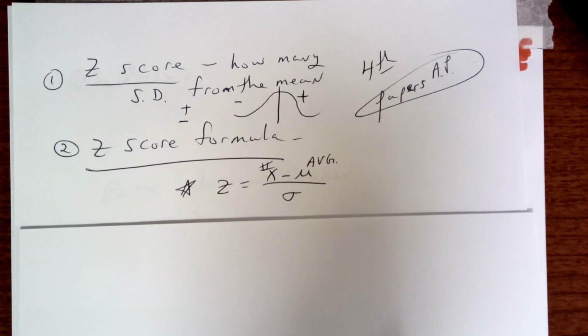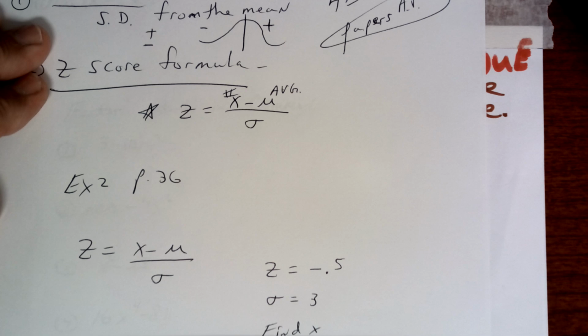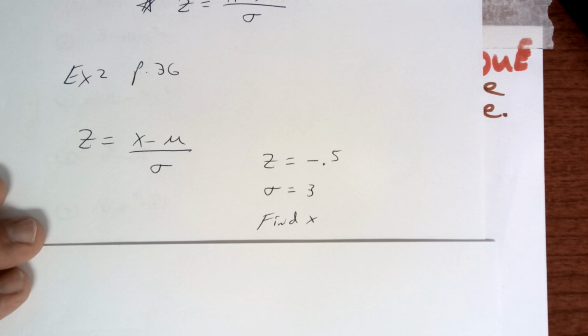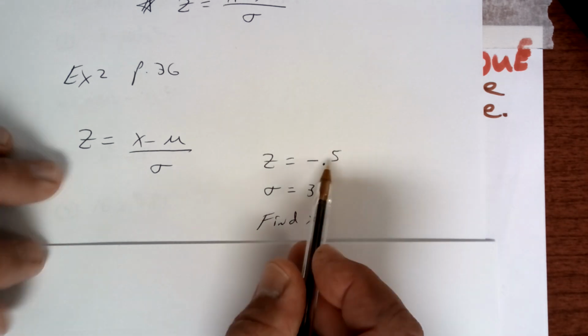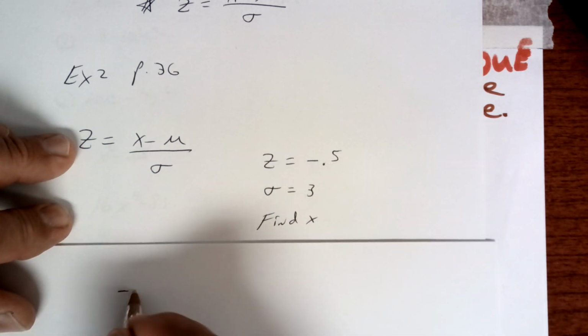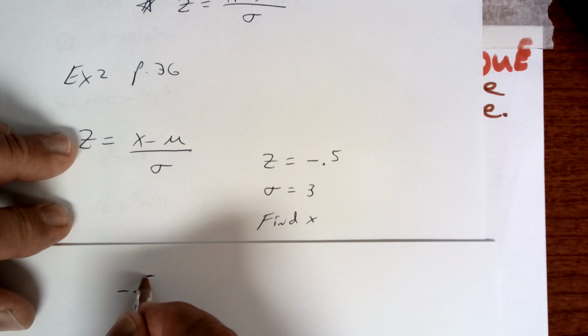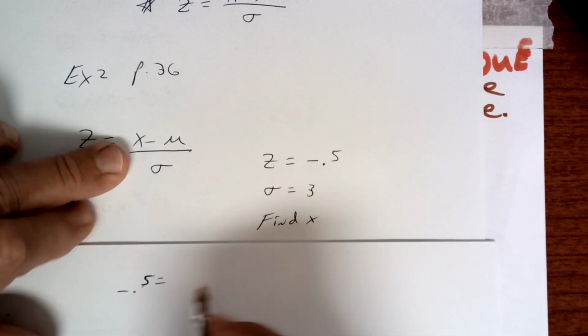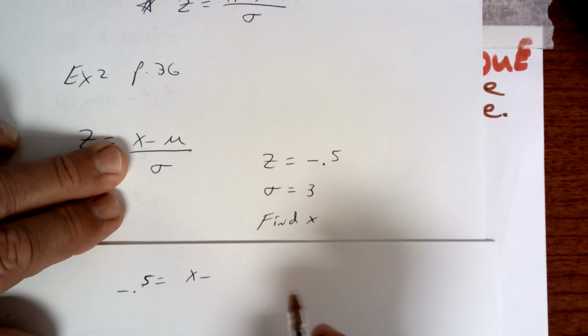Okay, let's take a look here. Page 36. This one is a work backwards problem. They give you the z-score, so put negative 0.5 right here. You're looking for x.